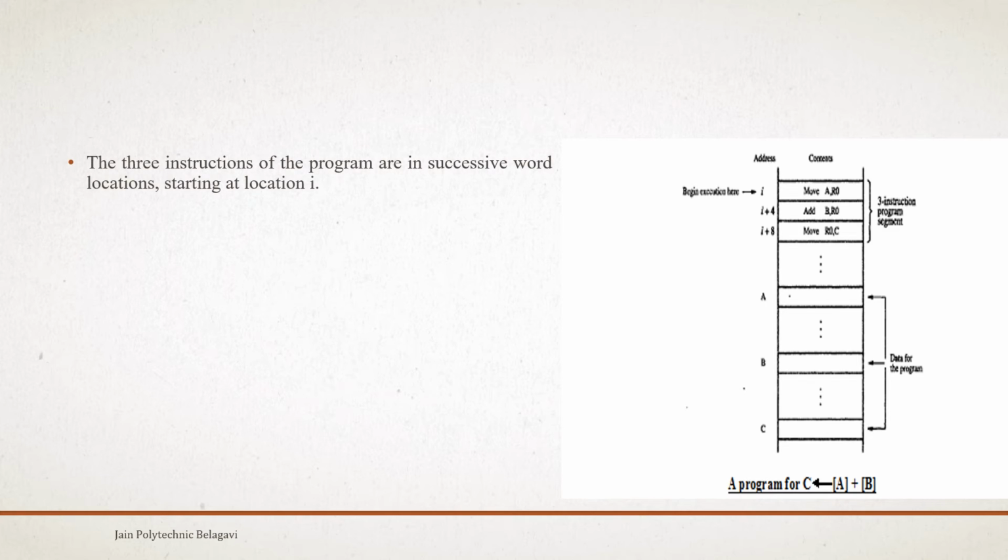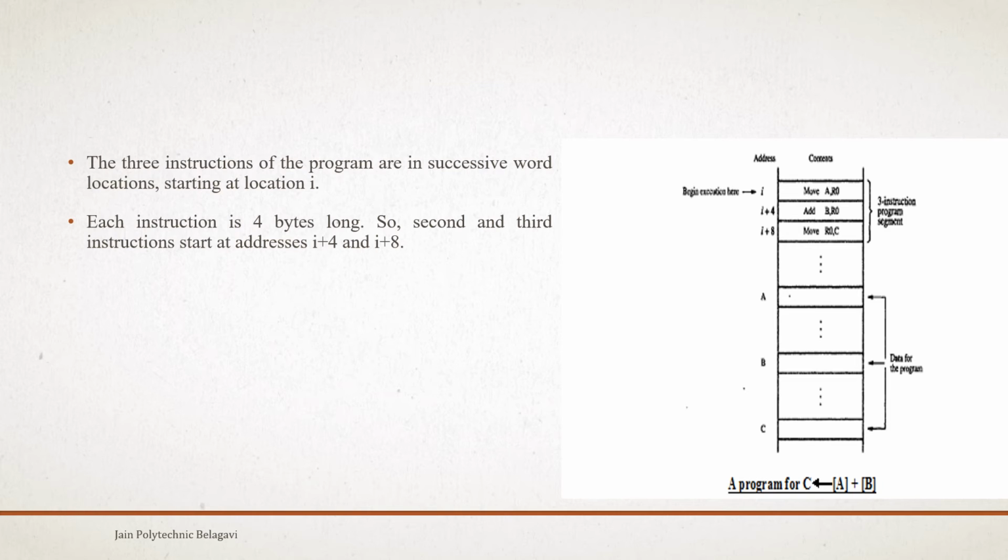The three instructions of a program are in successive word locations starting at location I. Suppose I is the location at which the first instruction starts. Each instruction, as we have assumed, is 32 bits, that is a 32-bit machine, so each instruction is 4 bytes long.